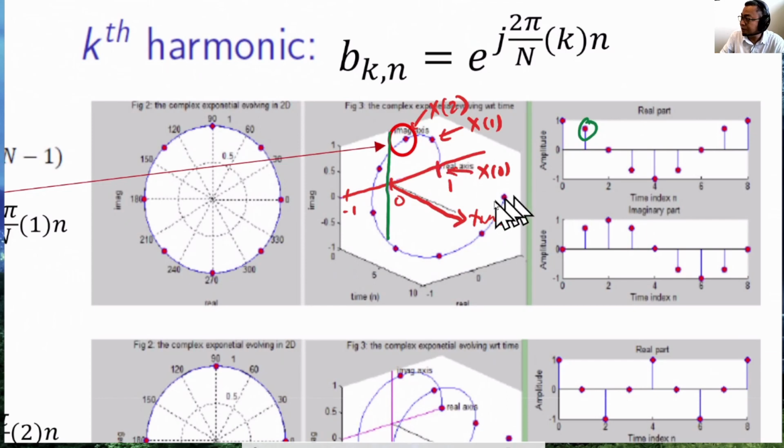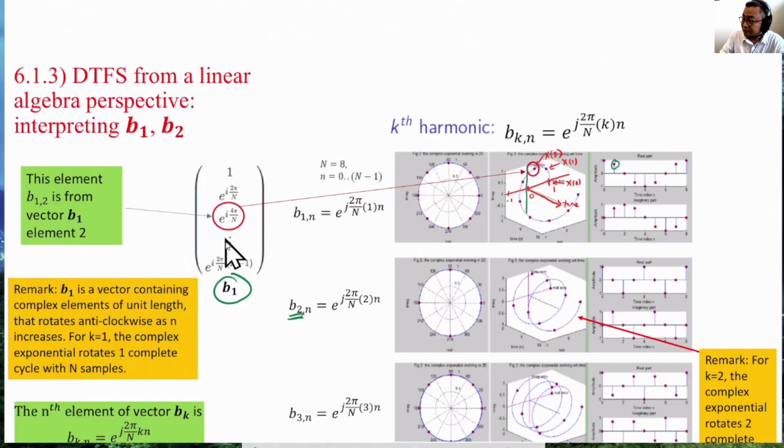So in this particular example, n equals to 8. Let's count. 0, 1, 2, 3, 4, 5, 6, 7. The 8th point is exactly the same as the 0 point. So in this example, big N is equal to 8, and at each sample we are moving by 2 pi divided by 8, which is pi divided by 4, which is 45 degrees.